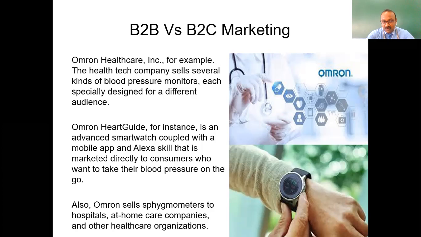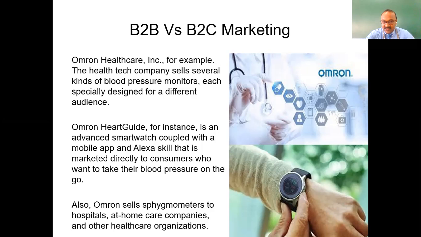So this is an example of Omron Healthcare Incorporation, right? This is a health technology company that sells several kinds of blood pressure monitors, each specially designed for a different audience. Omron Health Guide, for instance, is an advanced smartwatch coupled with a mobile app and Alexa skills that is marketed directly to consumers who want to take their blood pressure on the go.